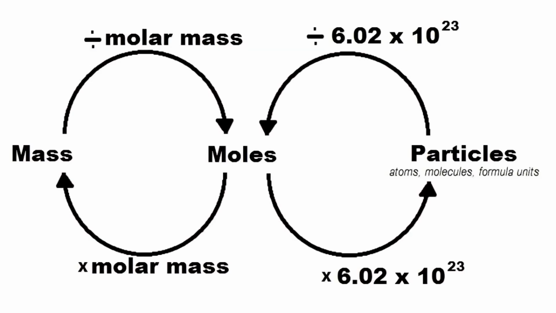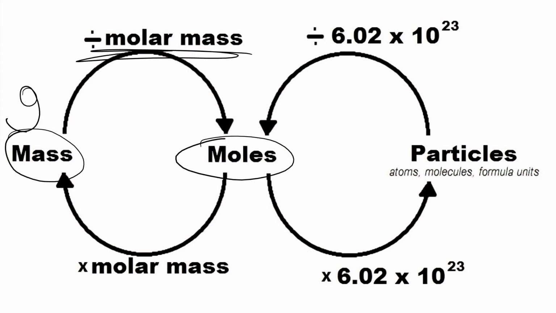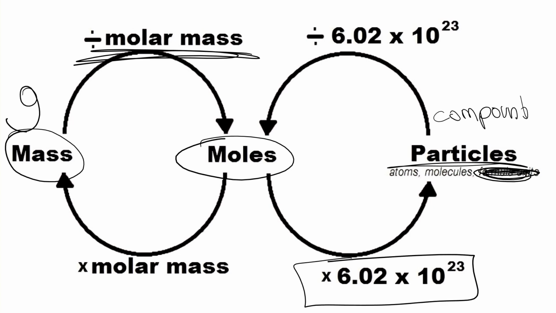So here, whenever you go from mass, which is going to be in grams, to moles, you're going to divide by molar mass. When you go from moles to number of compounds, atoms, or molecules, we multiply by this huge number, 6.02 times 10 to the 23rd.